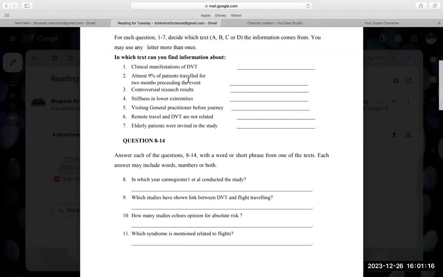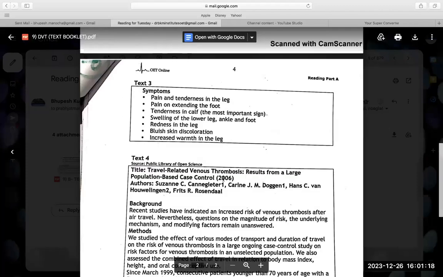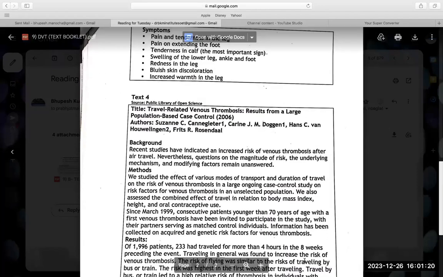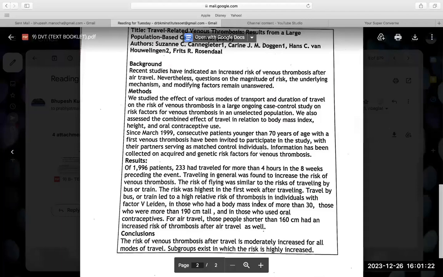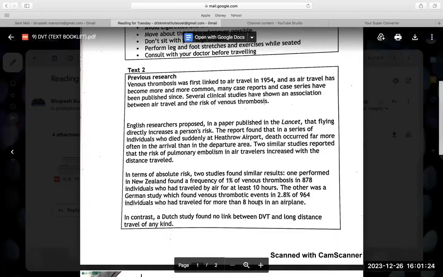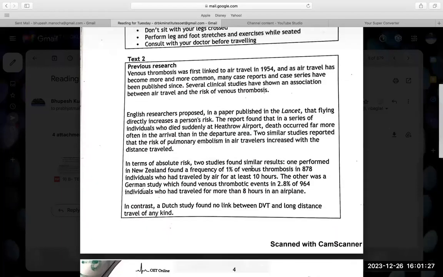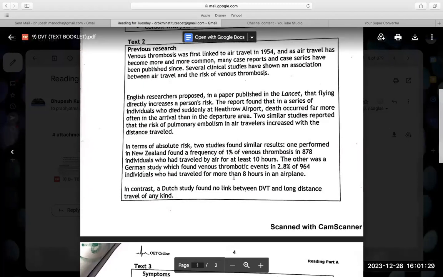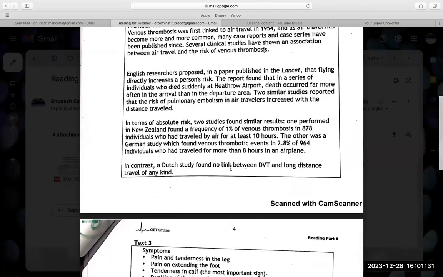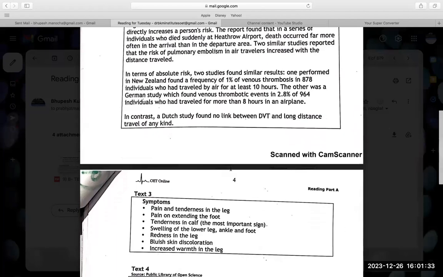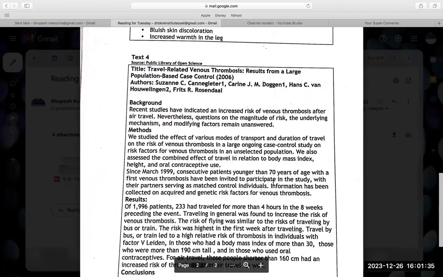Almost 9% of the patients traveled for 2 months. So the percentage word was given in text 2, as I was saying. If I could find 9% somewhere, but the percentage word was here only. Is 9% given over here?